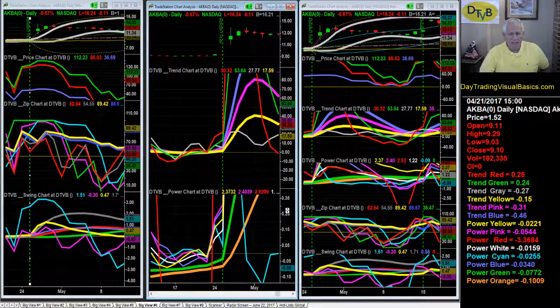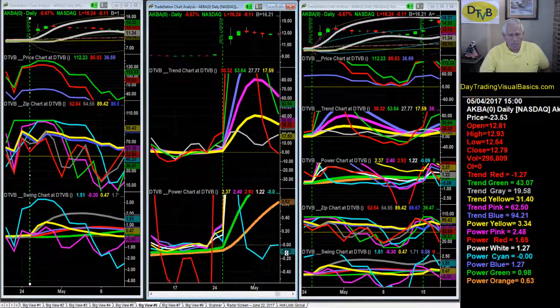And in this case here, as I've mentioned before, when we have the power 5, that's the Zion, the blue, pink, white, and yellow, above the power orange line, we also have the power red above there. So we say the power 5 is all above the orange, but most of the time what happens, red, which is then the power 6, is also all above power orange. So that's the essence of what we have in the power chart.